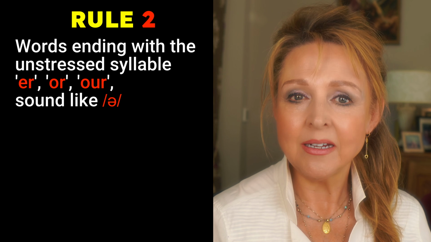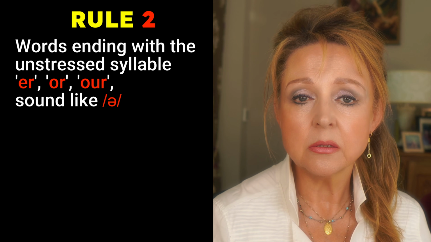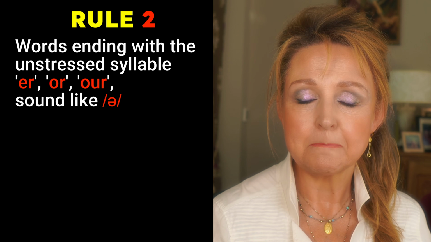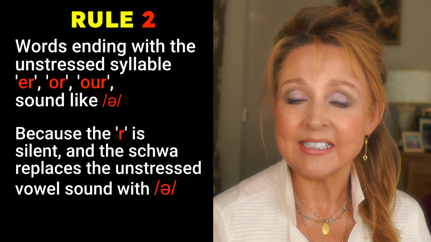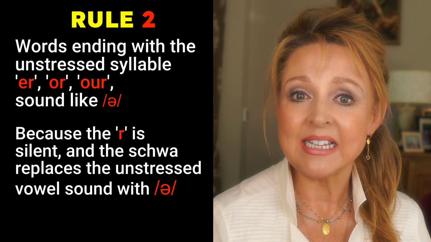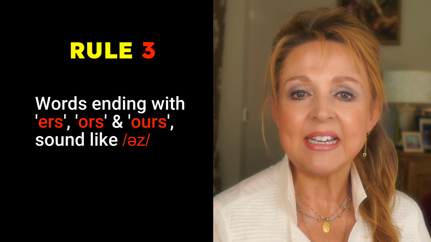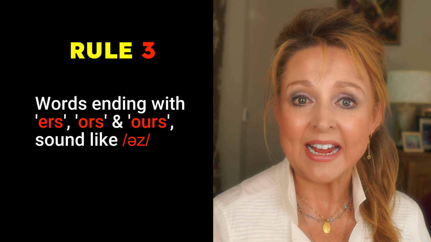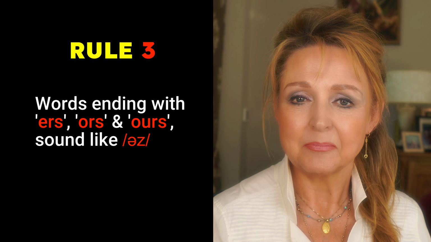Words ending with the unstressed syllable ER, OR, OUR sound like this, because the R is silent and the schwa replaces the unstressed vowel sound with a. Words ending with ERS, ORS and OURS sound like this. Us.